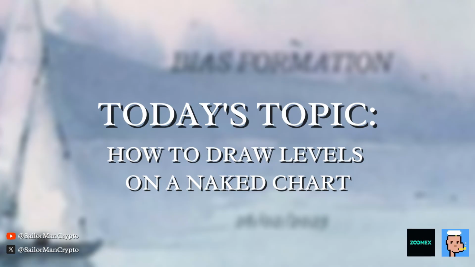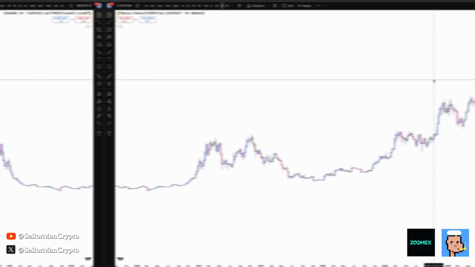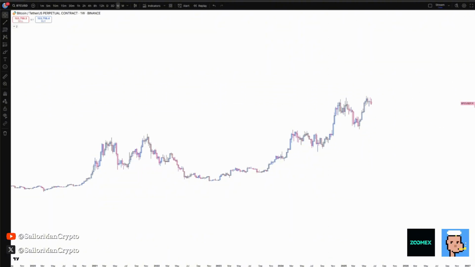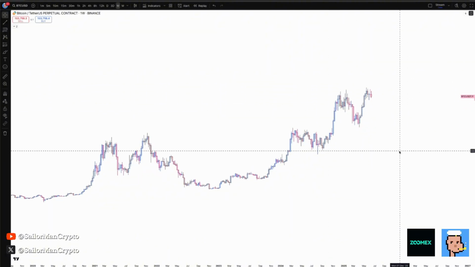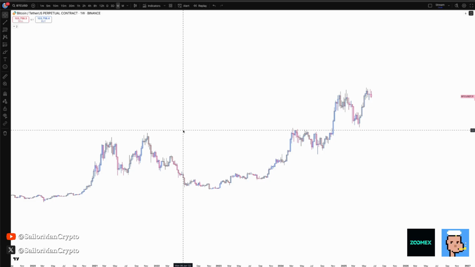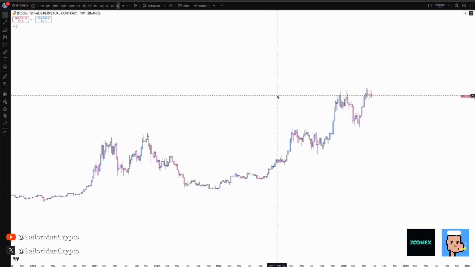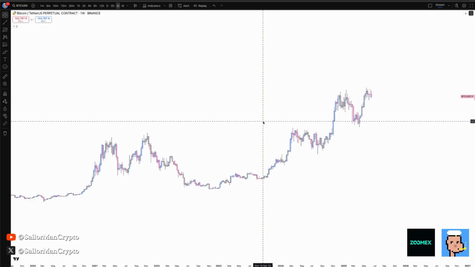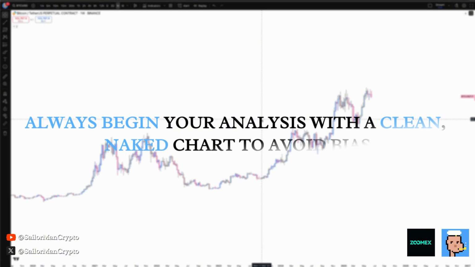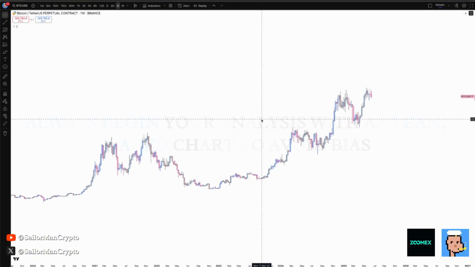But without further ado, let's move to the Bitcoin chart, as it is the chart that we are most familiar with, and let's try to make some sense of what should be a normal standard routine to draw levels on a naked chart. Why it is important to start from a naked chart is because our eyes, our brain get easily biased by what we see in front of our eyes.